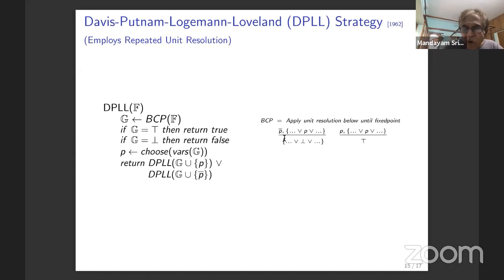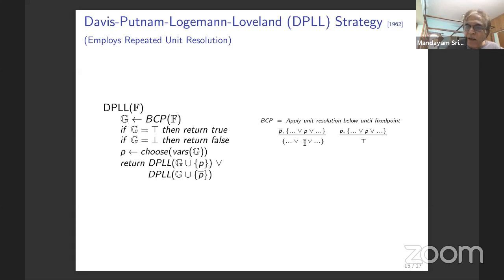If the original formula had a pair of clauses where one of them is the unit clause not P, and the other is a clause that has P in it, then a conjunction of this can be satisfiable only if P is set to 0, correct? Therefore, any satisfying instance of this conjunction has to set P to 0. In simplified terms, it is plugging 0 into that literal in the other clause and simplifying it.